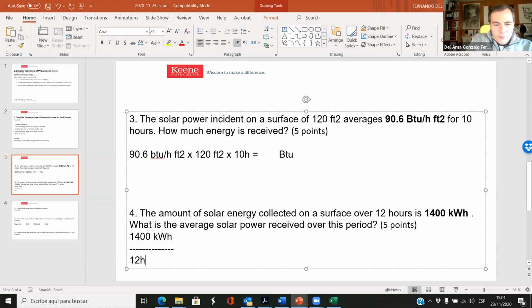So 1,400 divided by 12, the units are kilowatts. What is the average solar power? Power is in kilowatts. And if we want to, it's not specified here, but if we multiply this times 1,000, then we have watts.